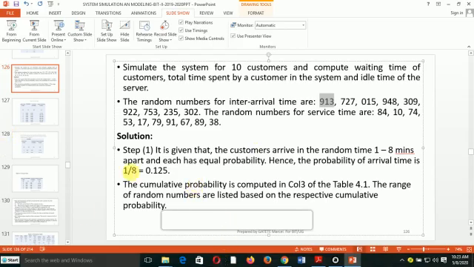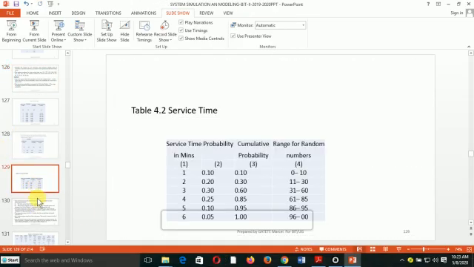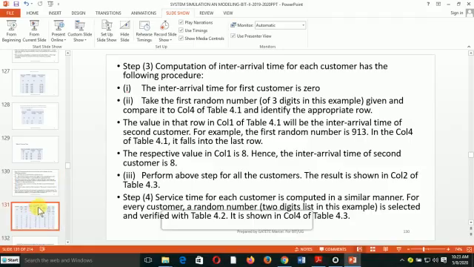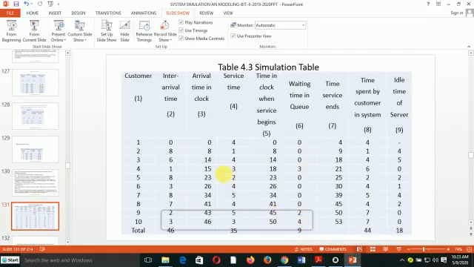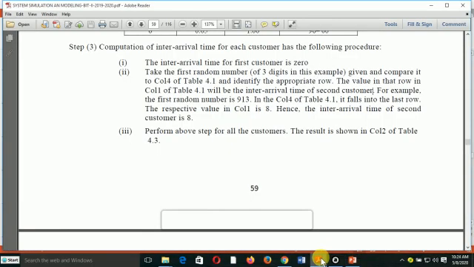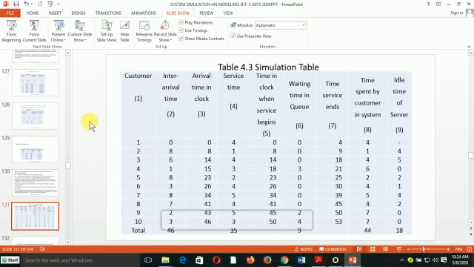What is the process? We take 913, a 3-digit number, and compare it to column 4 in table 4.1.